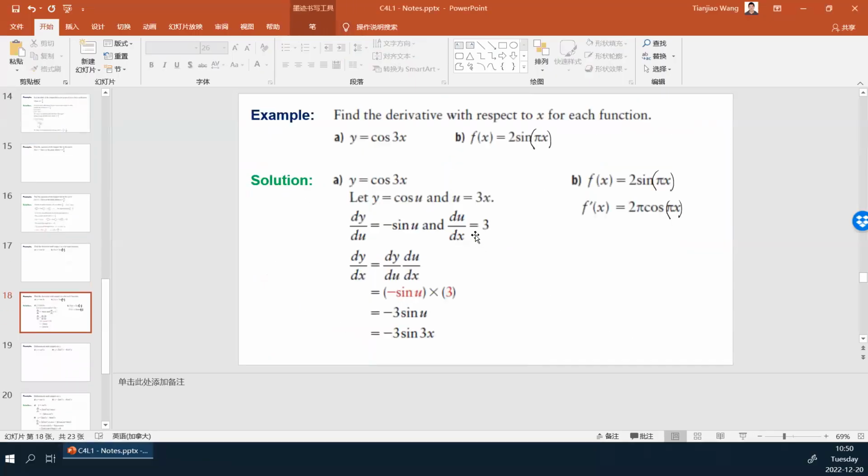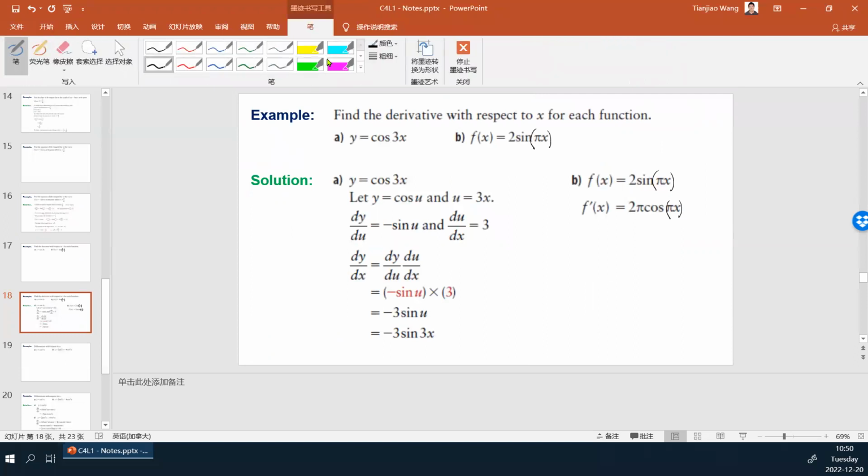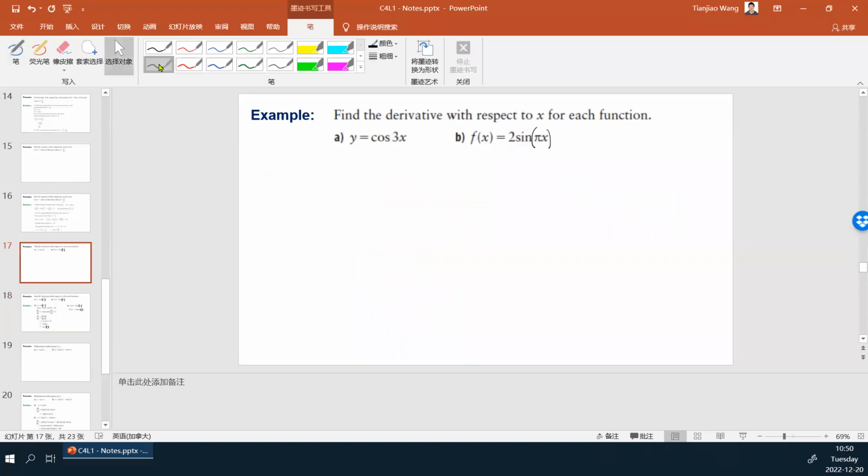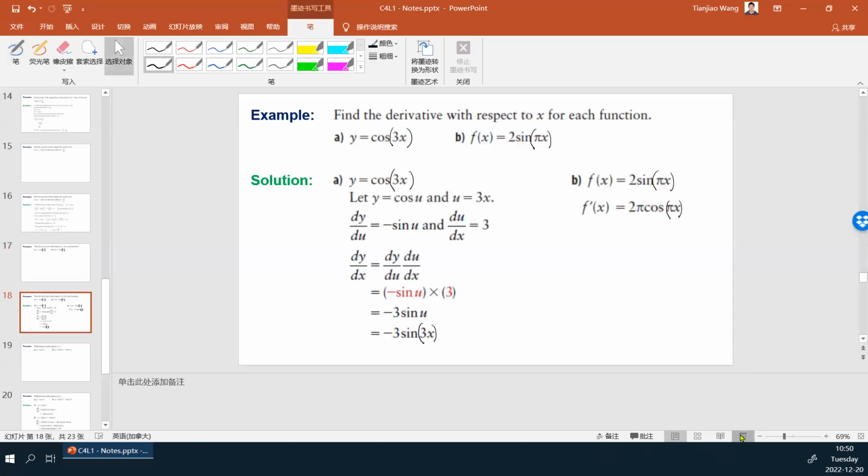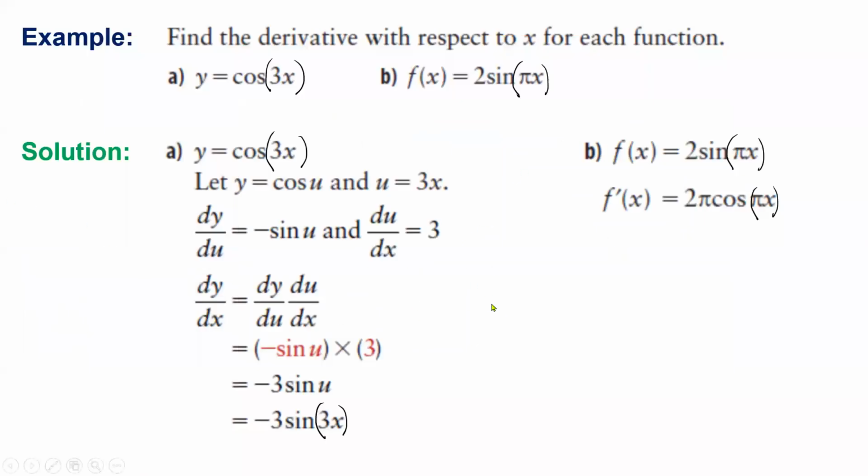Okay, any questions? Okay, I'll give you 2 minutes to have a look at the solution here. Any questions, just let me know, okay?